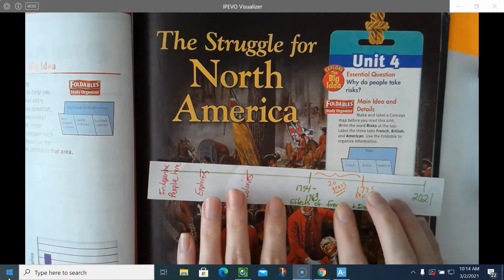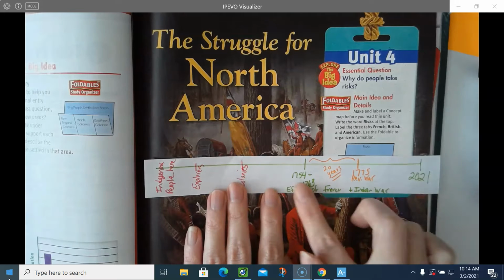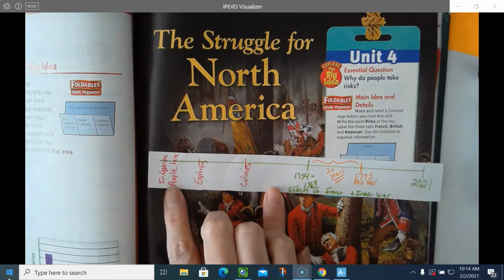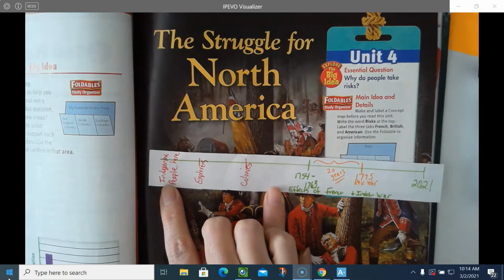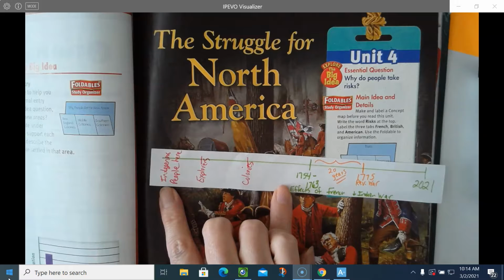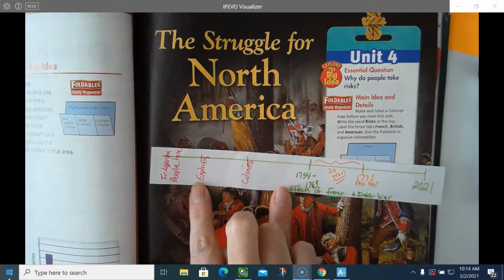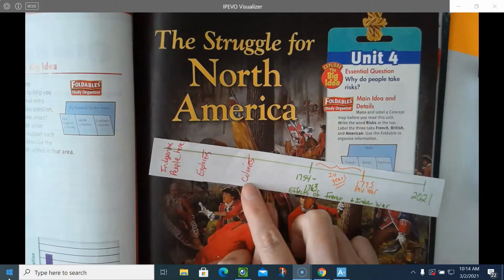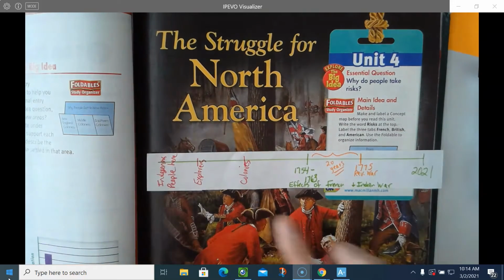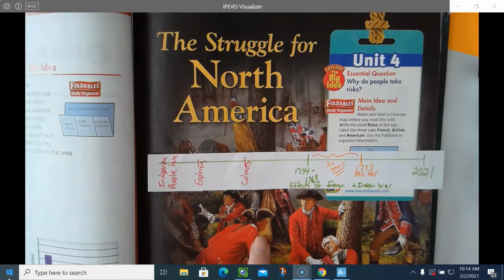I just want to remind you of our timeline. All right, so earlier this year we studied indigenous people, remembering that they have been inhabiting North America way before anybody else. Then explorers came after that, and then the colonies were the next phase of North American history.